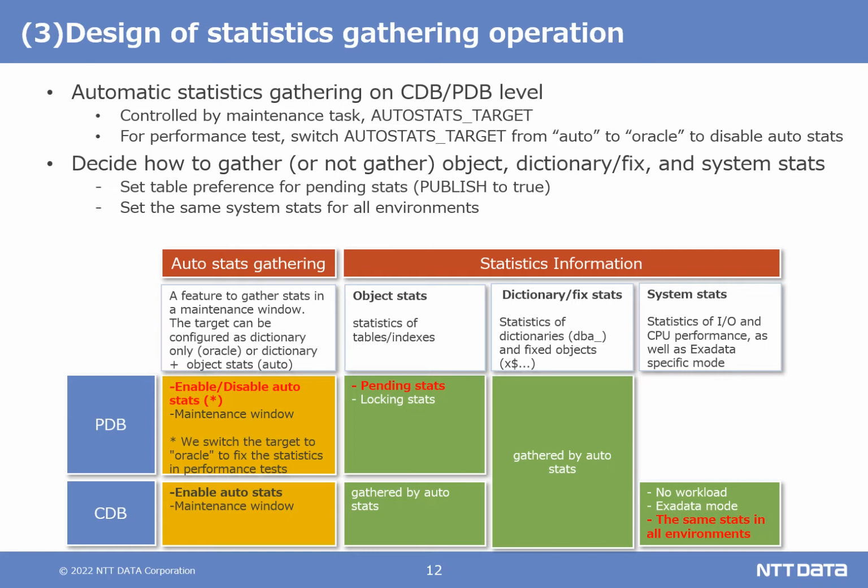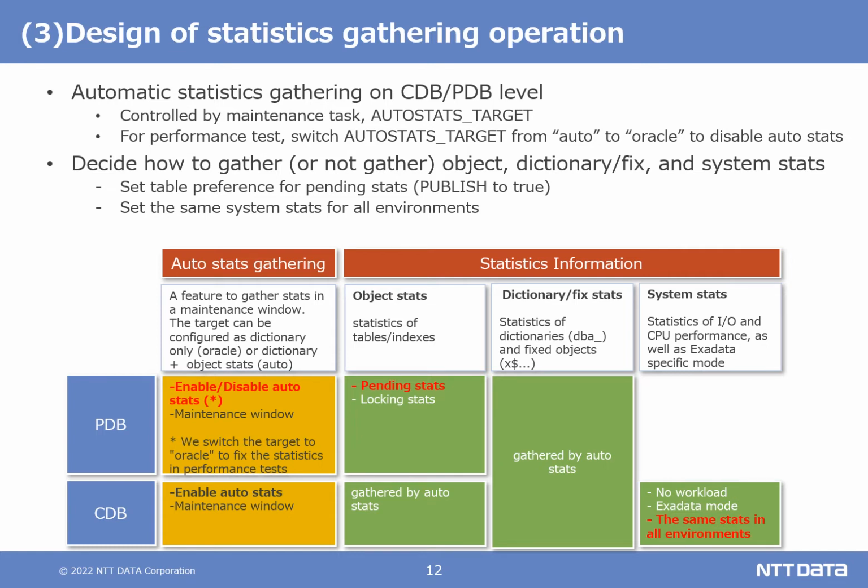They exist at both the CDB and PDB levels. The dictionary and fixed stats are for dictionary tables and their base tables, such as X$ tables, which users are not usually aware of. The system stats are I/O and CPU performance-related statistics.